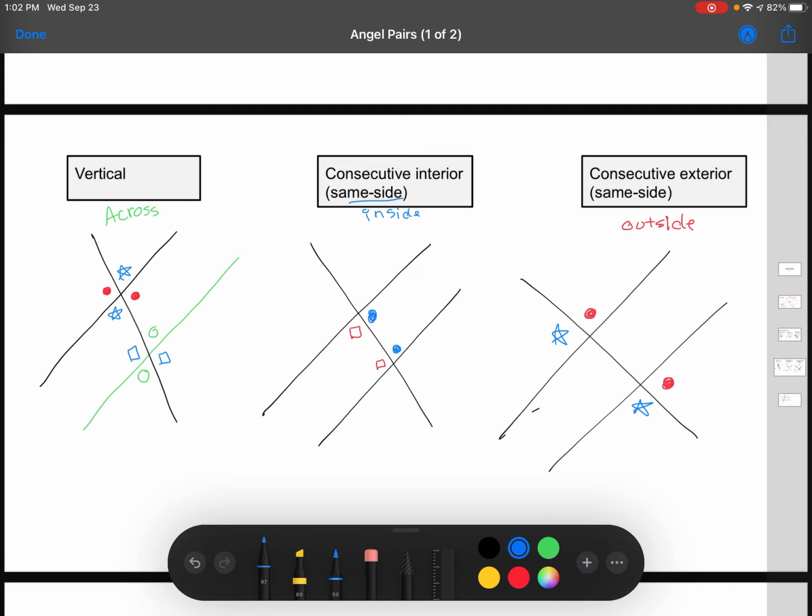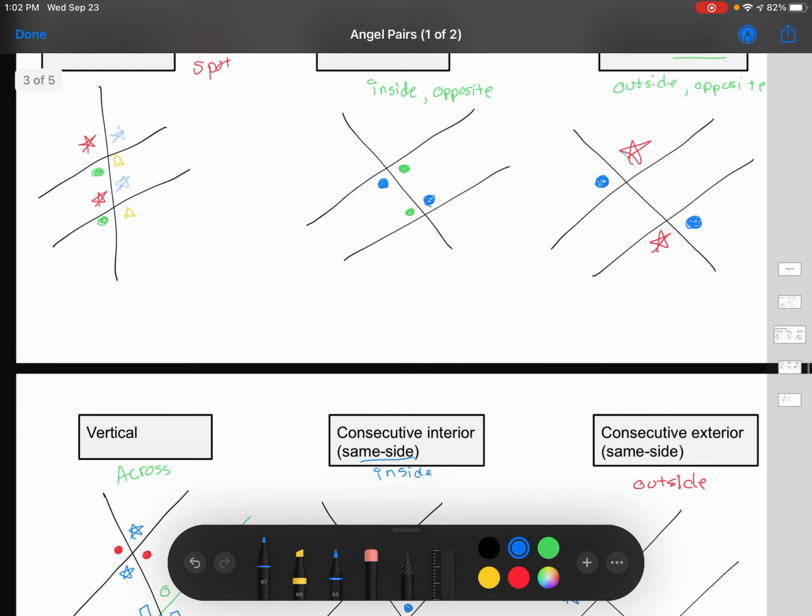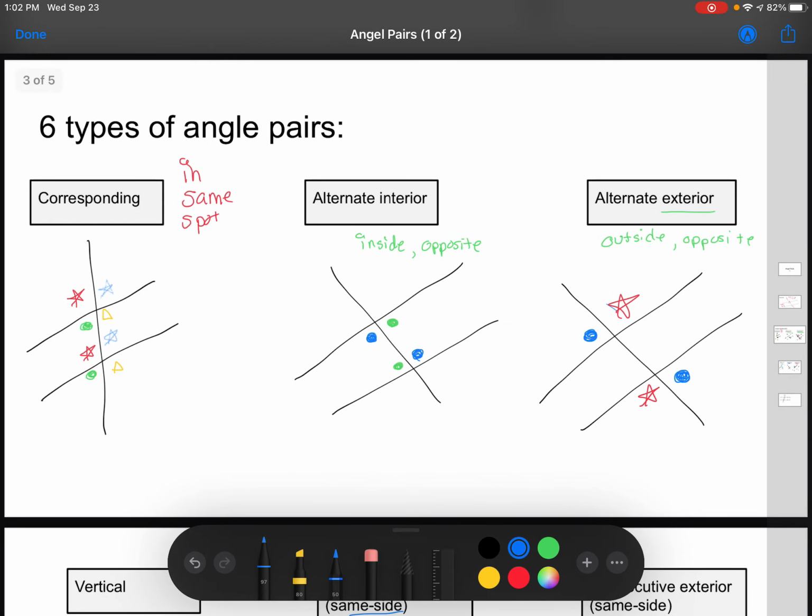Okay, so what we're going to do is, at the beginning I said they would all be either congruent or supplementary, which we forgot to add to these. So the nice thing is most of these are congruent to each other. So in corresponding, we're going to add that they are congruent. Alternate interior are supplementary. I'm sorry, they are not supplementary. Did I erase it? They're also congruent.